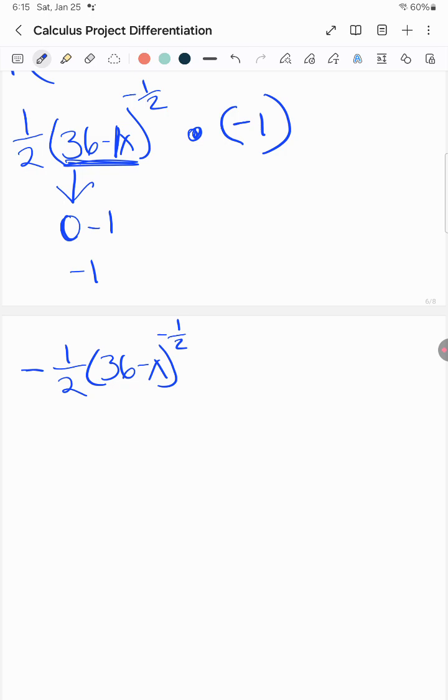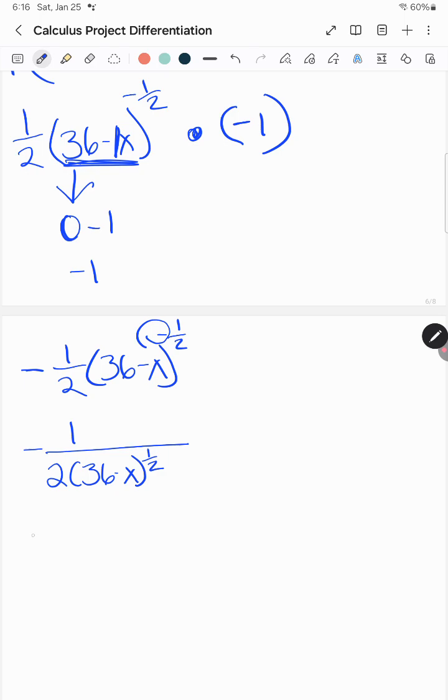At this point, we have to take our negative sign in the exponent and deal with that because we don't want negatives in the exponents. And so we're going to make this the reciprocal of what it is. So we're going to have 1 over 2 times 36 minus x raised to the 1/2. So we no longer have a negative exponent, which means that we can go backwards and take it from exponential form back into its root form.